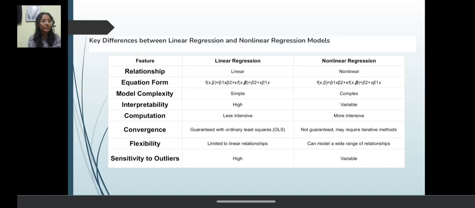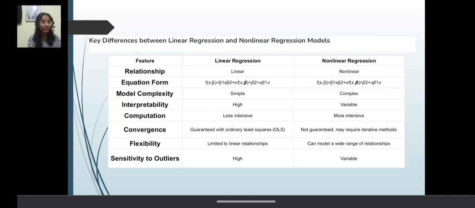And for nonlinear, f of x comma beta is equal to beta 1 into beta 2 plus x, or f of x comma beta is equal to beta 2 plus beta 1 x. Model complexity: simple, complex. Predictability: high, variable. Computation: less intensive, more intensive.